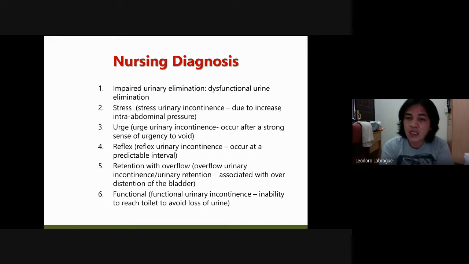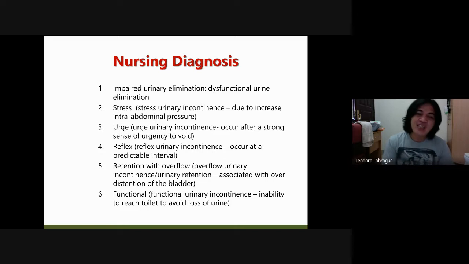Normally it occurs due to increased intra-abdominal pressure. I'll give you an example. When you cough or sneeze, and then suddenly you experience leakage of urine, the cause is intra-abdominal pressure.